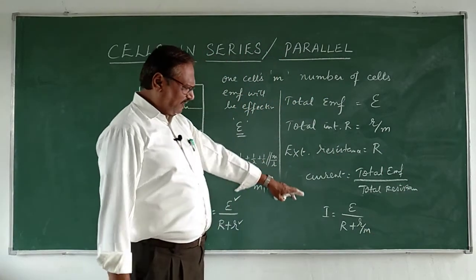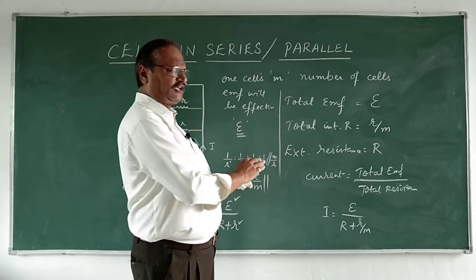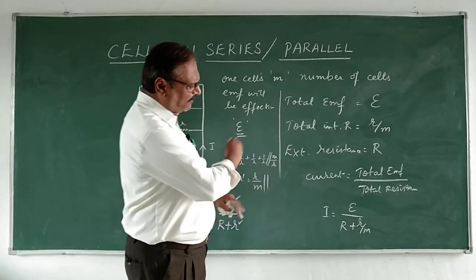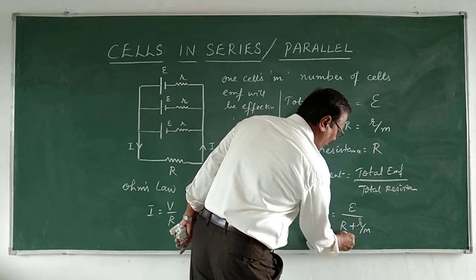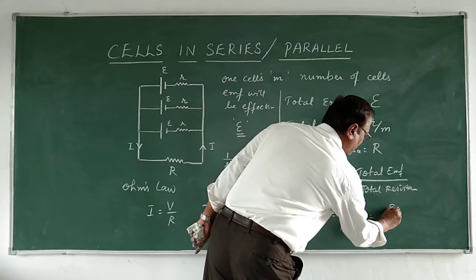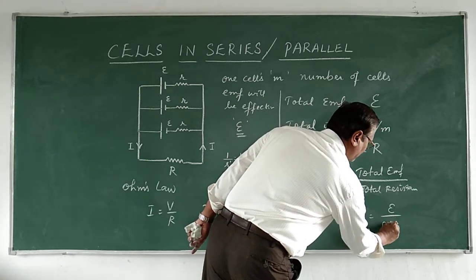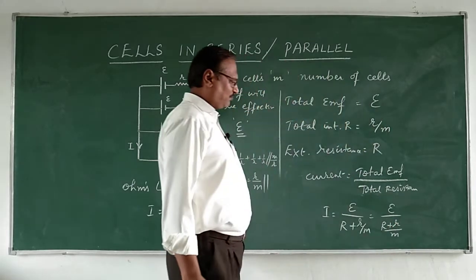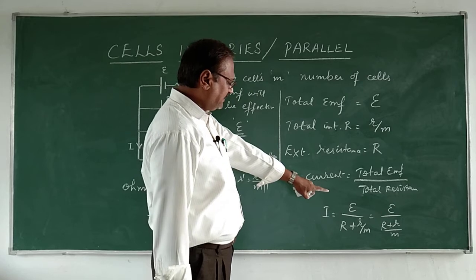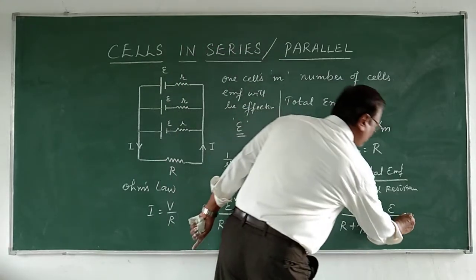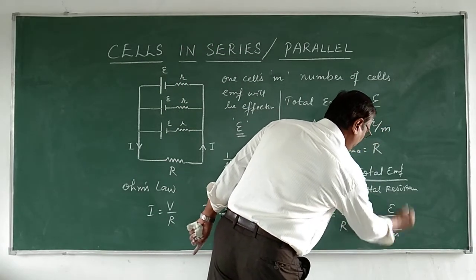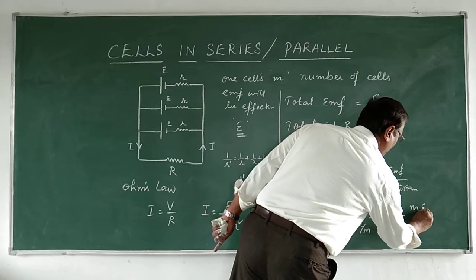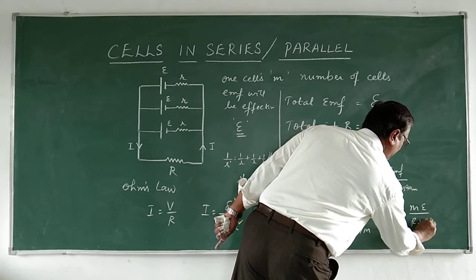It looks rather confusing. We can simplify this. M is there in the denominator, right? So epsilon upon R plus r divided by m, we will take it. So when we take this, you will get m going up here, m epsilon upon R plus r.